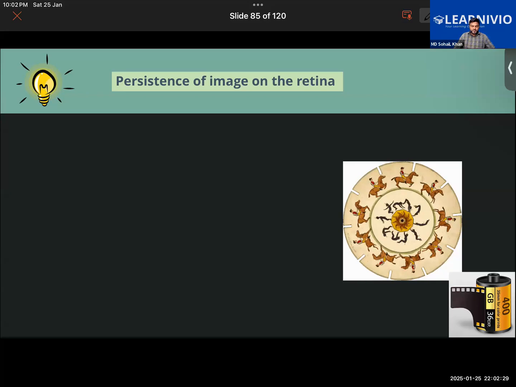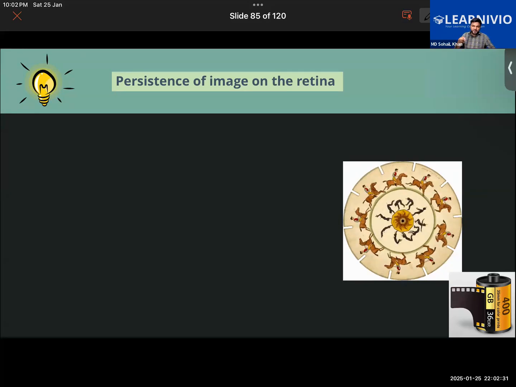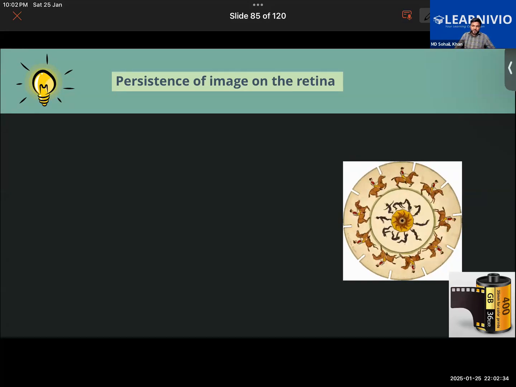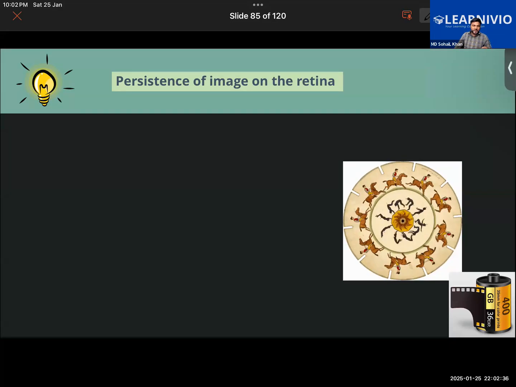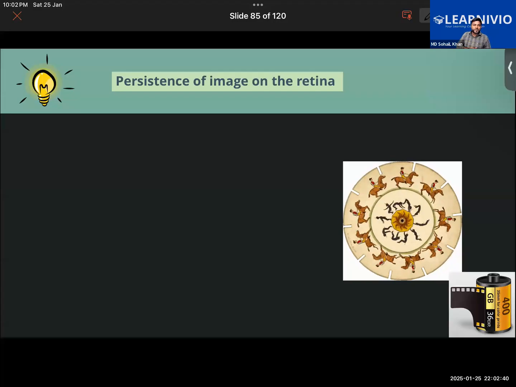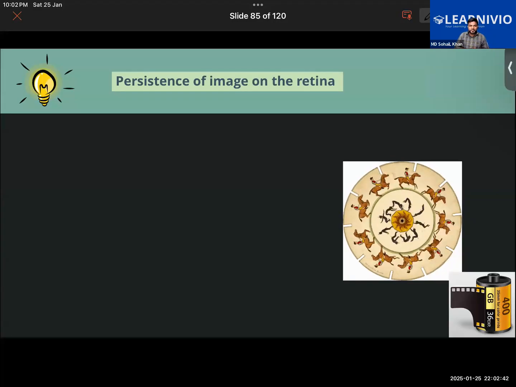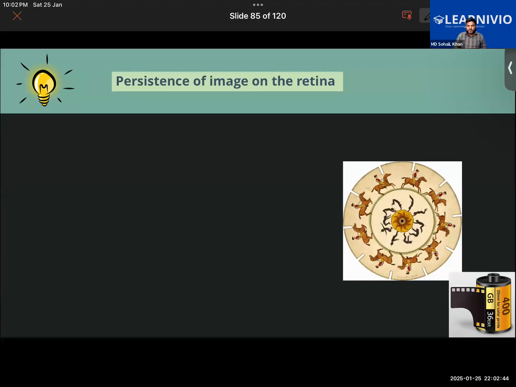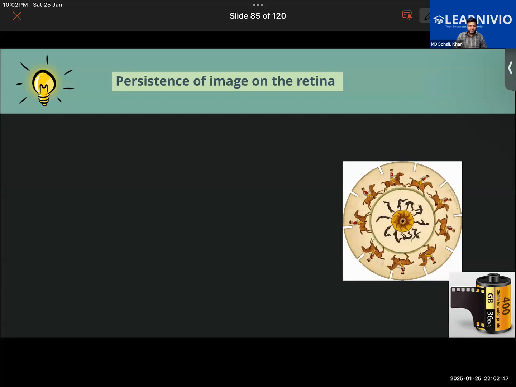Okay. So thereby, you must have seen the flip book. If the pages are turned very fast, the characters drawn on the flip book appear to be moving, right? Getting it? Like cartoon characters or some sketches made in different positions.